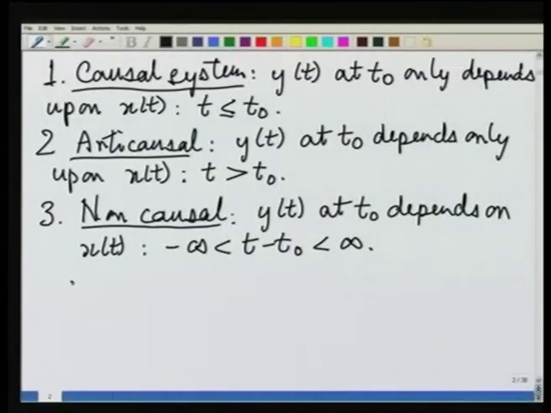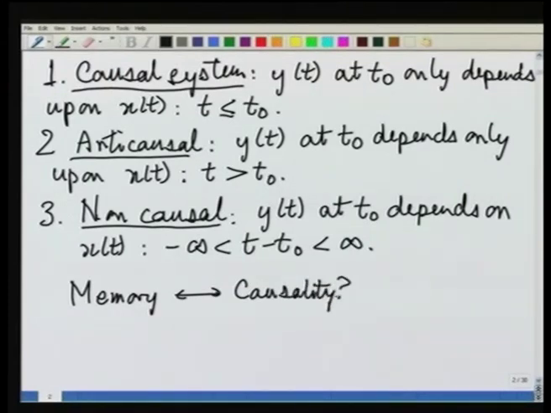At this point, at the time we are about to close our discussion of causality as a property of systems, we should try to relate the property of causality to the property of memory and non-memory that we discussed before we addressed causality. How does memory relate to causality? And the answer is simple.